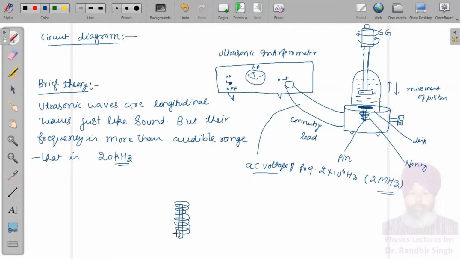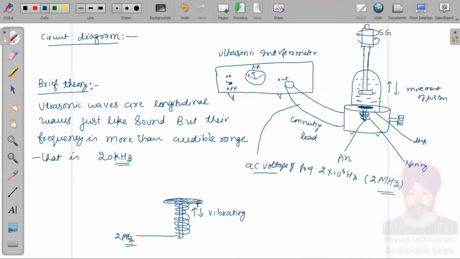and when we give supply to this pin of the order of 2 megahertz, then because of Faraday's law, this spring starts vibrating. It starts vibrating, and over this spring we have placed a disc.